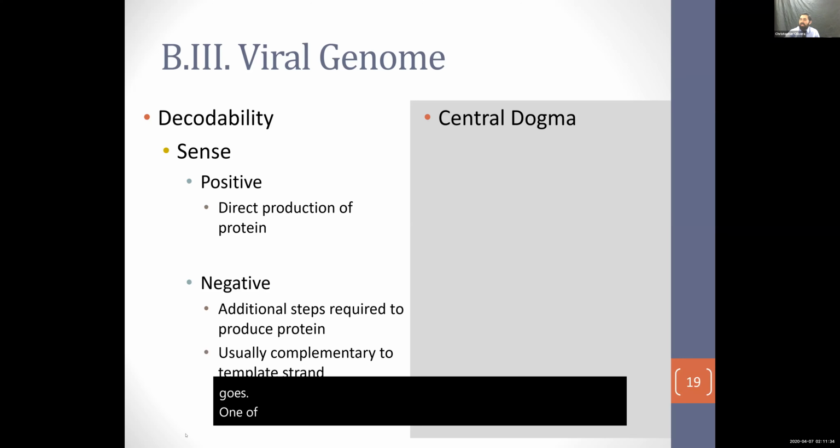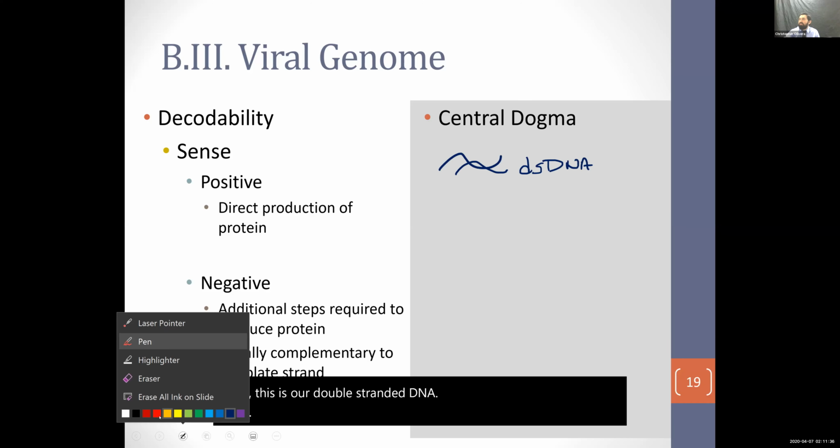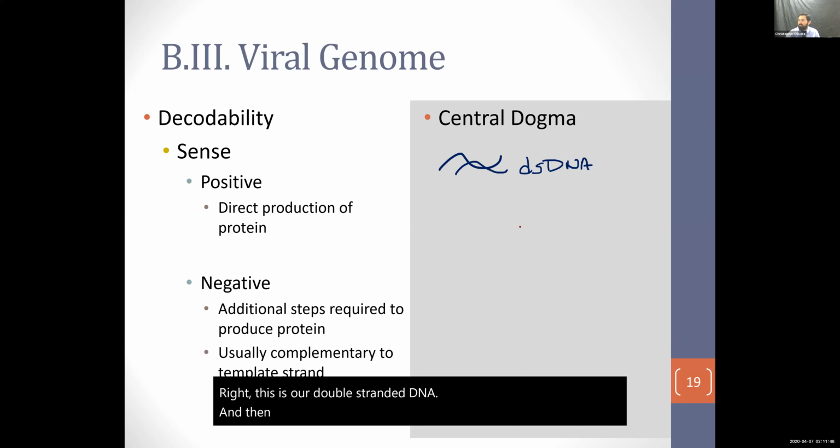And then for us, we would go into transcription and make one little chunk of RNA, which was single-stranded RNA. So we call it transcript. And then through translation, this would turn into some sort of functional unit that we call protein.